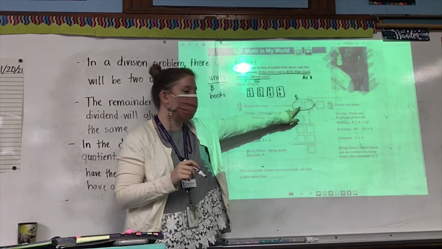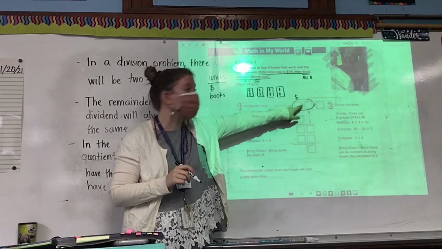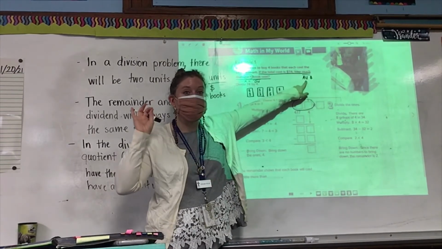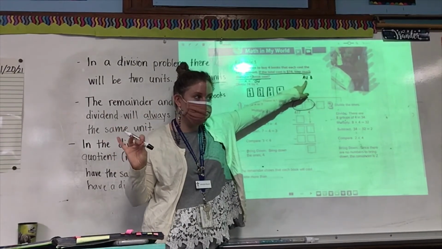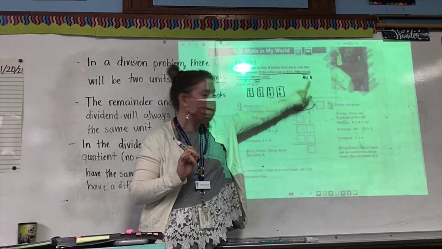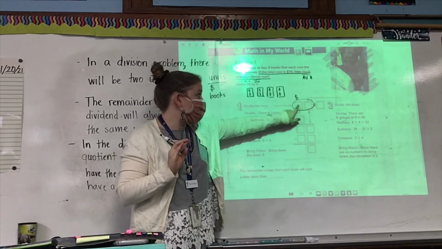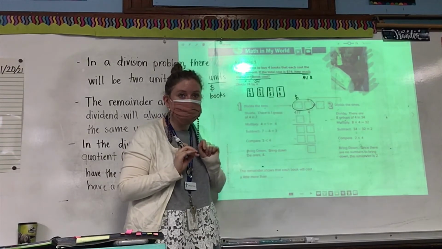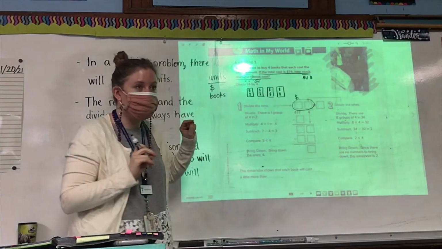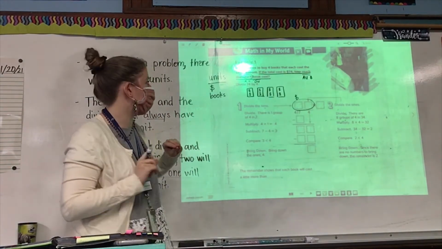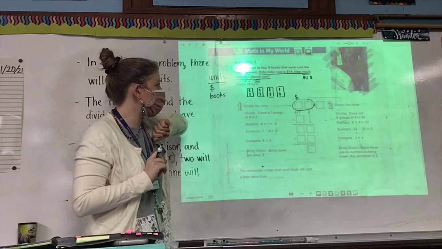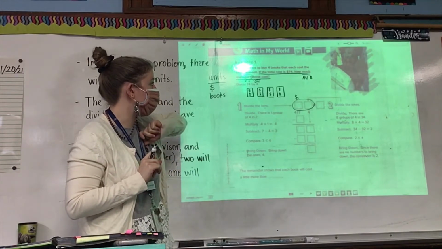Well, I already know my quotient without the remainder is going to be the answer unit. So I already know that's going to be money. Let's go back and see if we can figure out what the other pieces are. Mandy wants to buy 4 books that each cost the same amount.